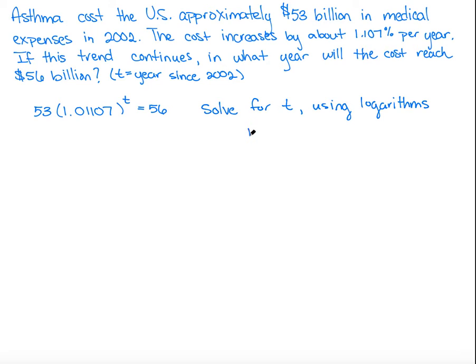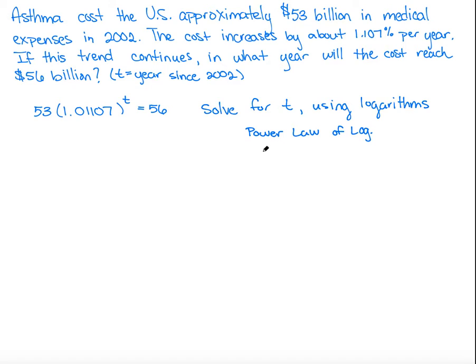So let me write down real quickly to remind us of the power law of logarithms. We just use a different color here to brighten it up a little bit.